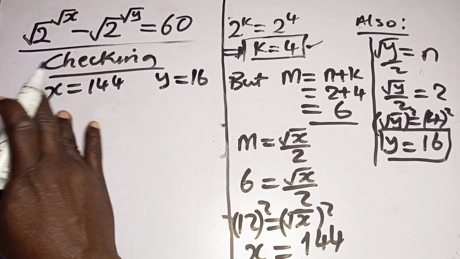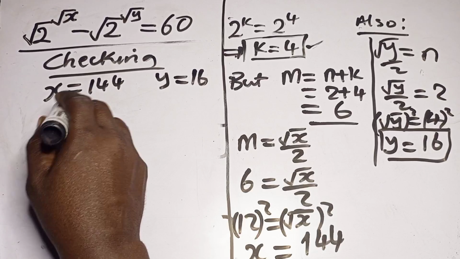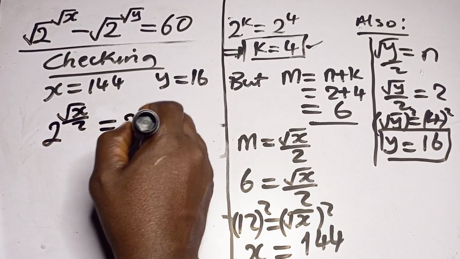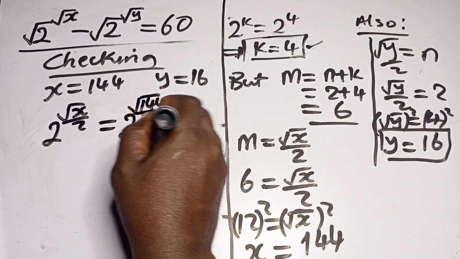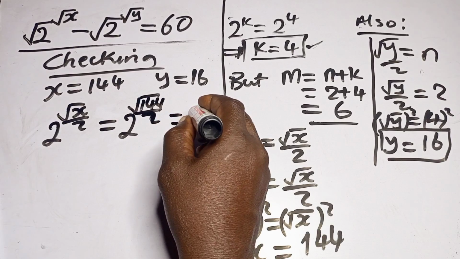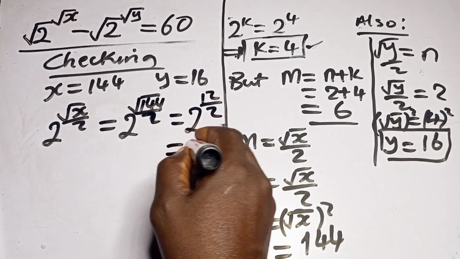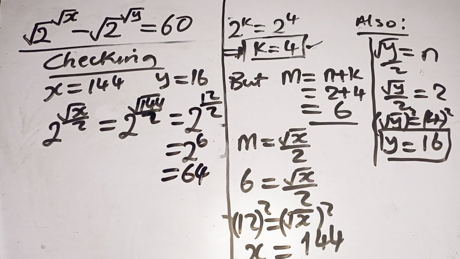We simplified everything to 2 to the root x all over 2. Now this gives us 2 to the root 144 all over 2, which is going to give us 2 to the 12 all over 2, which is 2 to the 6. That gives us 64.